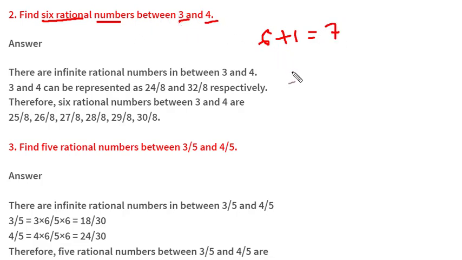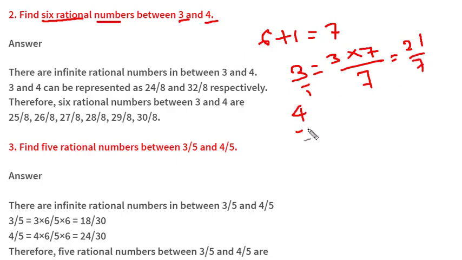Basically we can say 3 is equal to 3 into 7 by 7. Here we have multiplied both numerator and denominator by 7. So this is 21 by 7. Similarly for the number 4, you multiply and divide by 7 in both numerator and denominator. So this is 28 by 7.